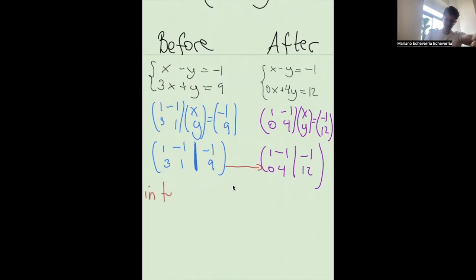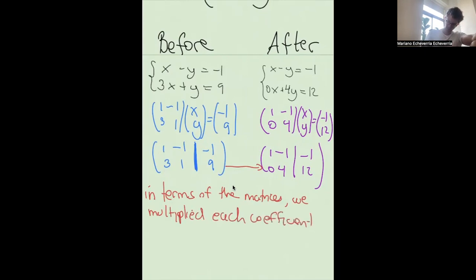So in terms of matrices, we multiplied each coefficient of the first row by -3 and added that to the second row.